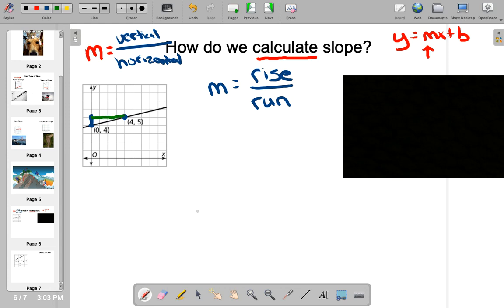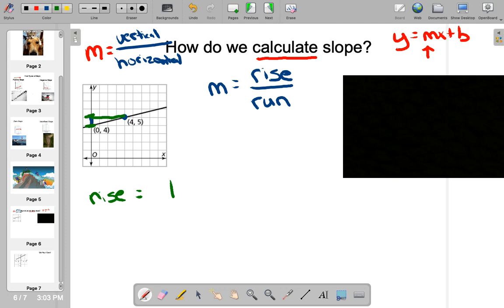Okay? Now, when we're working with whole numbers, it's a little bit easier than when we're working with decimals or fractions. So we're a little bit lucky in this problem. But we notice from here to here is an increase of 1. So in this case, our rise is equal to 1 from one point to the next.